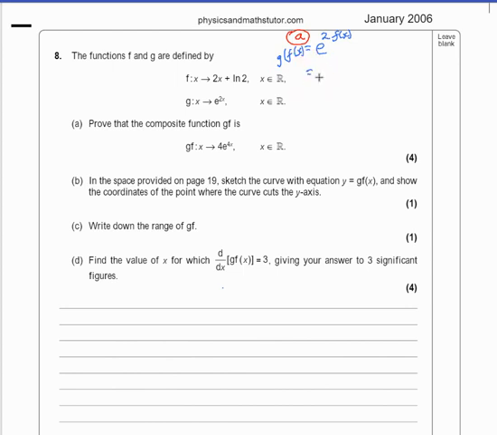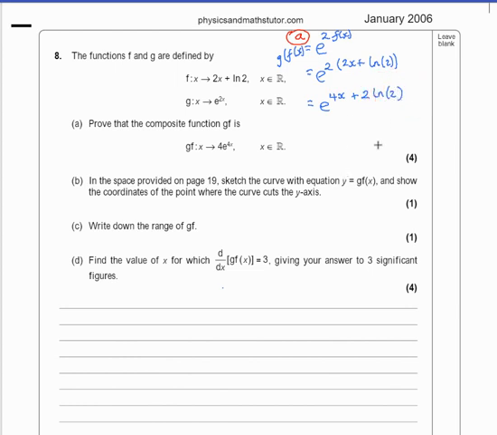And that equals e to the power of 2 times, well, f of x was equal to 2x plus natural log of 2. Okay, now expanding this bracket in the exponent, we get e to the power of 4x plus 2 natural log of 2.